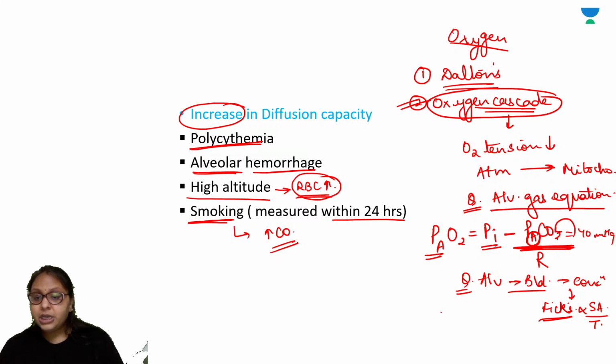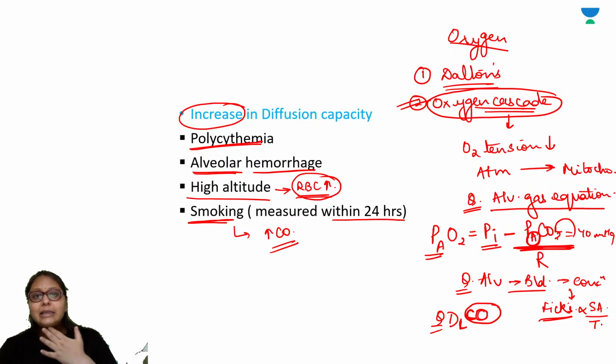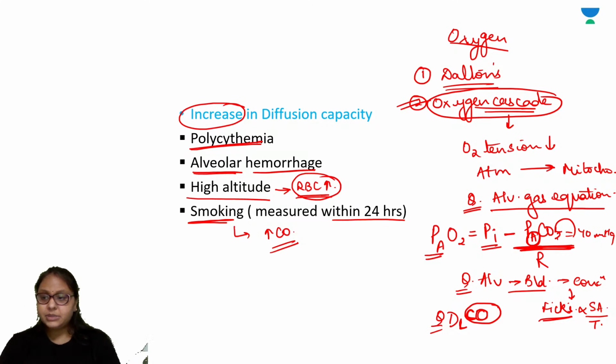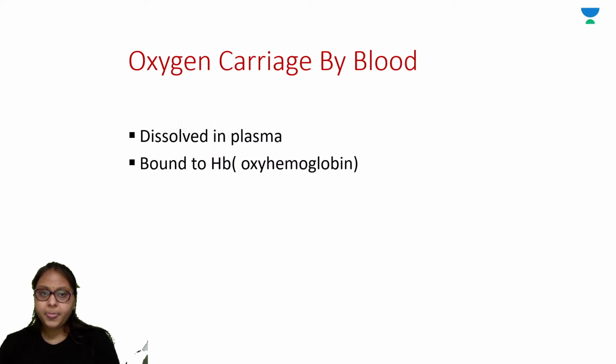And another important point: the gas which is used to measure the diffusion capacity of the lung is carbon monoxide. So till now, these are the important MCQ questions which are asked in the exams. Then what are the factors which increase or decrease the diffusion capacity? Is it clear? Can I move ahead? Can I go to the other slide?